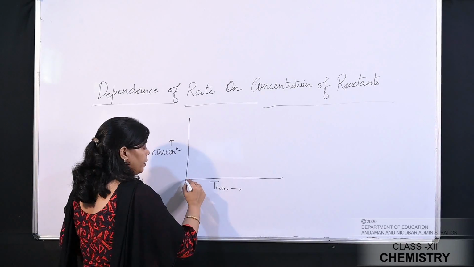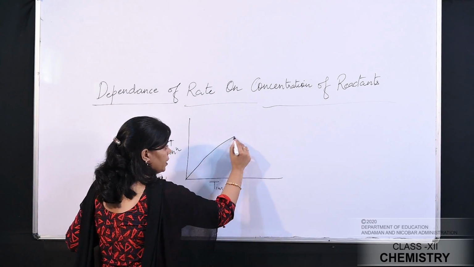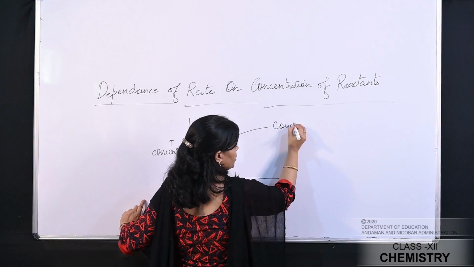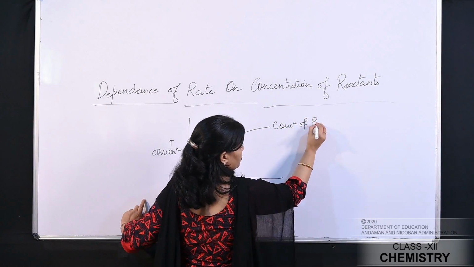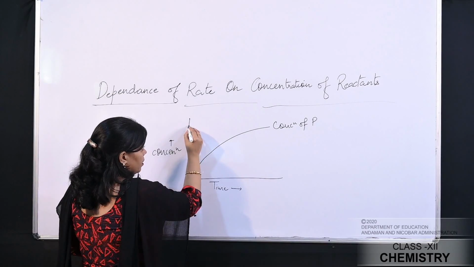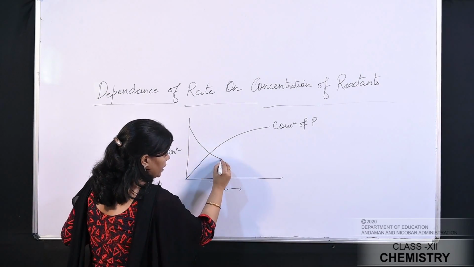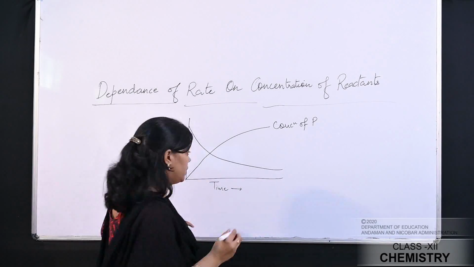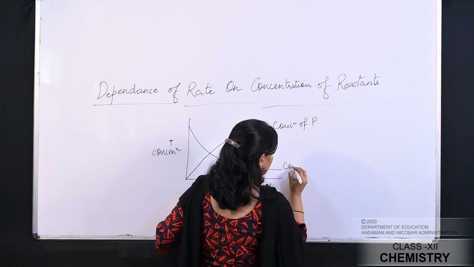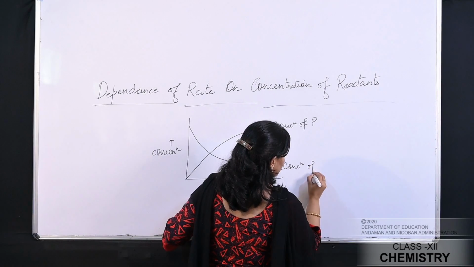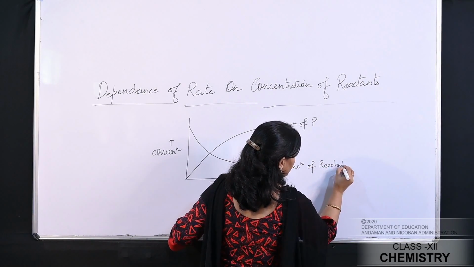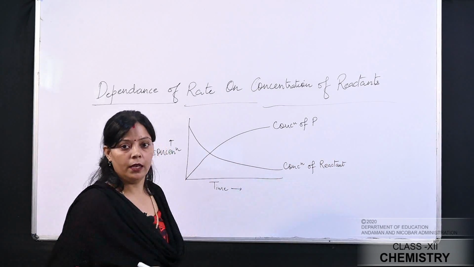As the reaction proceeds, the concentration of the product P gradually increases, and similarly the concentration of the reactant gradually decreases. This is how the concentrations of the reactant and product change with the passing of time.